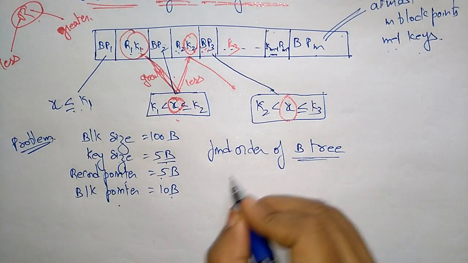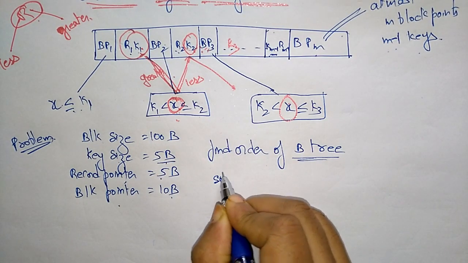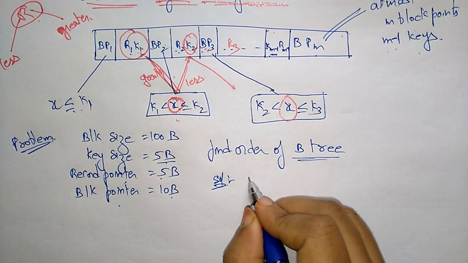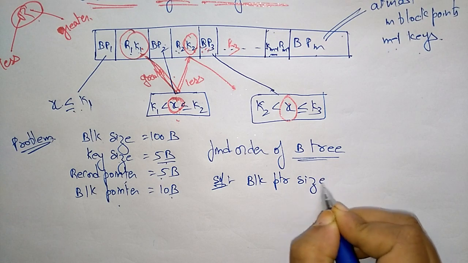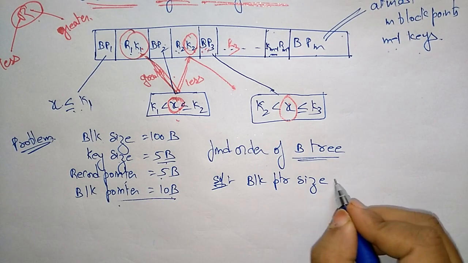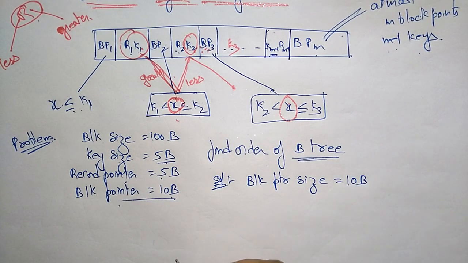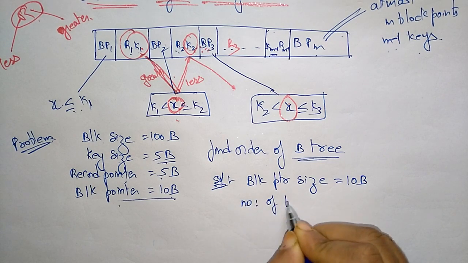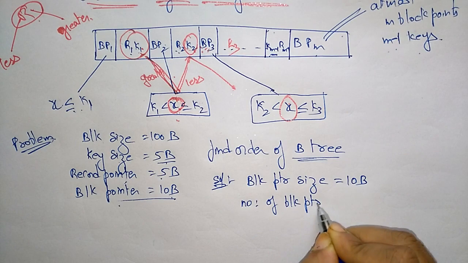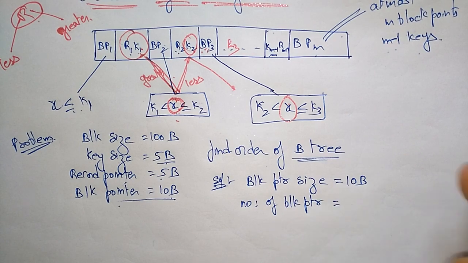Now let us see the solution. What is the block pointer size? The block pointer size is 10 bytes. How many block pointers are there in the structure of a B tree?